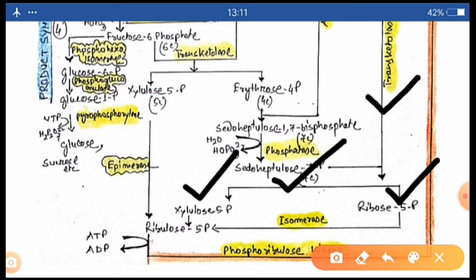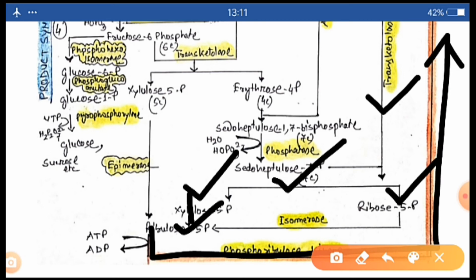Eventually, xylulose 5-phosphate will be converted to ribulose 5-phosphate by the enzyme epimerase. And again, ribulose 5-phosphate will be converted to RuBP by the utilization of ATP in the presence of enzyme phosphoribulokinase. Okay.